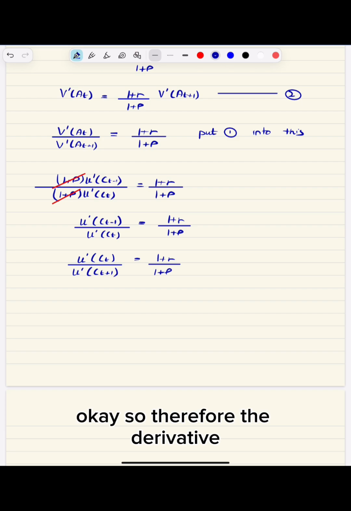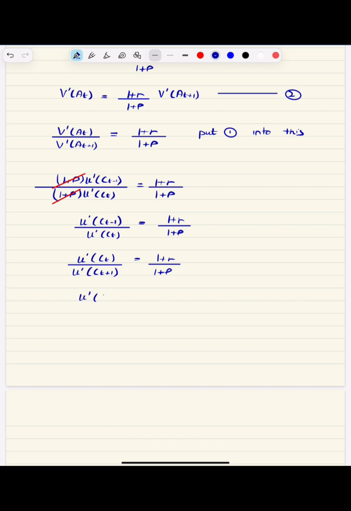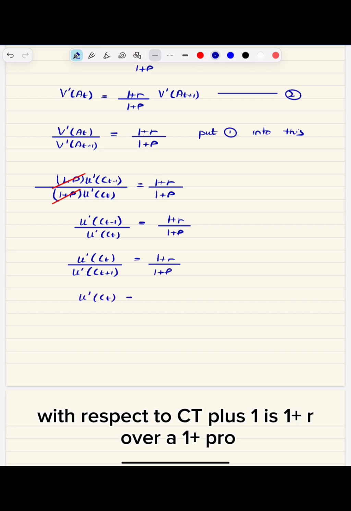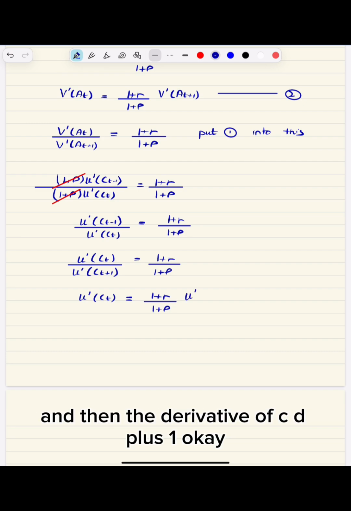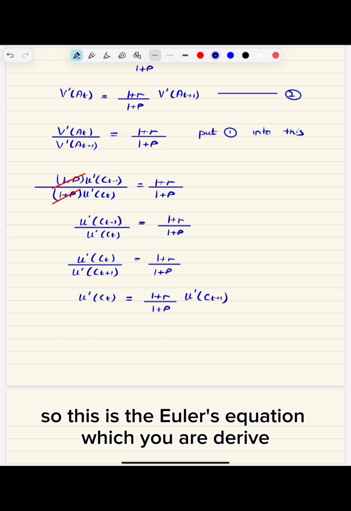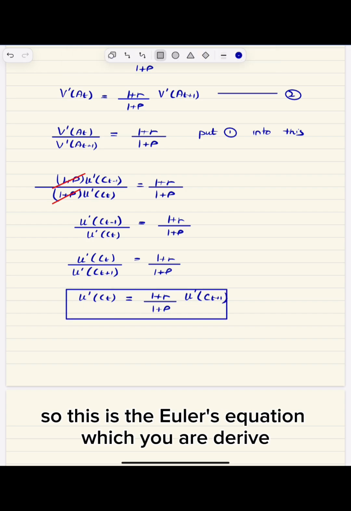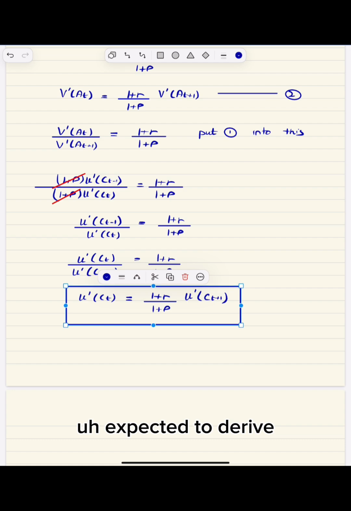Okay, so therefore the derivative with respect to c_t over the derivative with respect to c_{t+1} is (1 plus r) over (1 plus rho). So this is the Euler's equation which you are expected to derive.